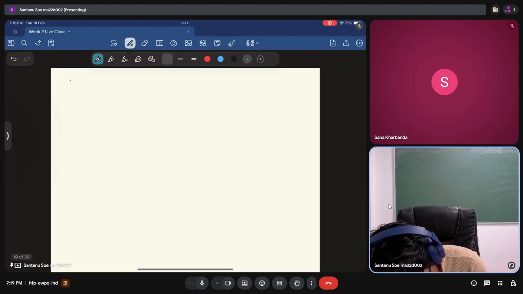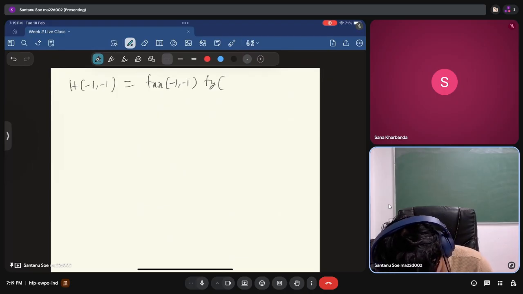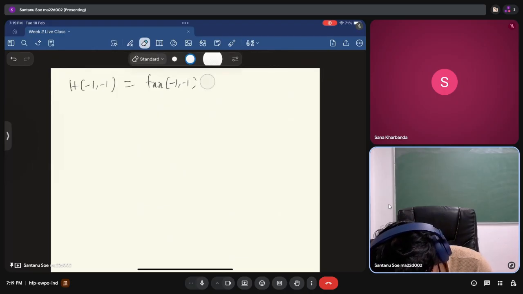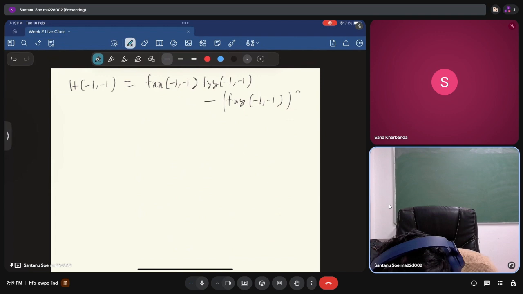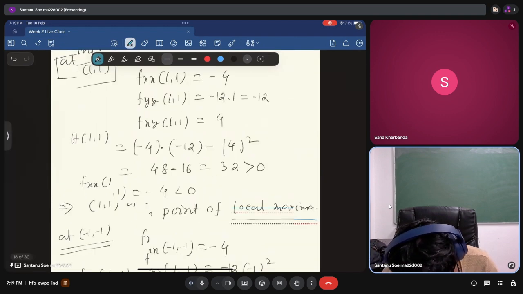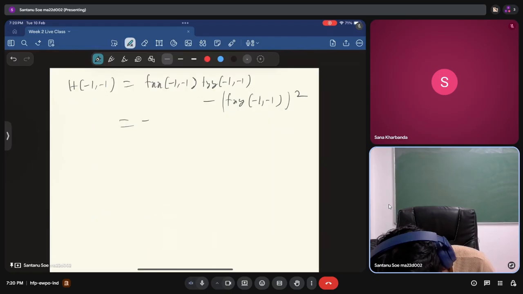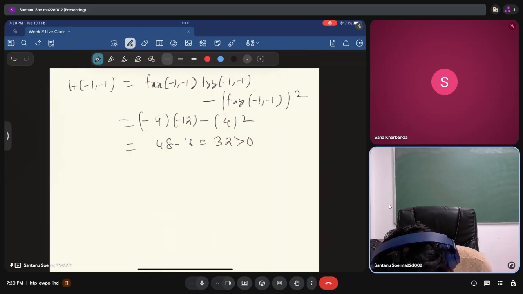So now the Hessian evaluated at (-1, -1) will be fxx at (-1, -1) times fyy at (-1, -1) minus fxy at (-1, -1) squared. Okay. So this is going to be again minus 4 times minus 12 minus 4 squared. So this will be again 48 minus 16, which is 32, greater than 0.